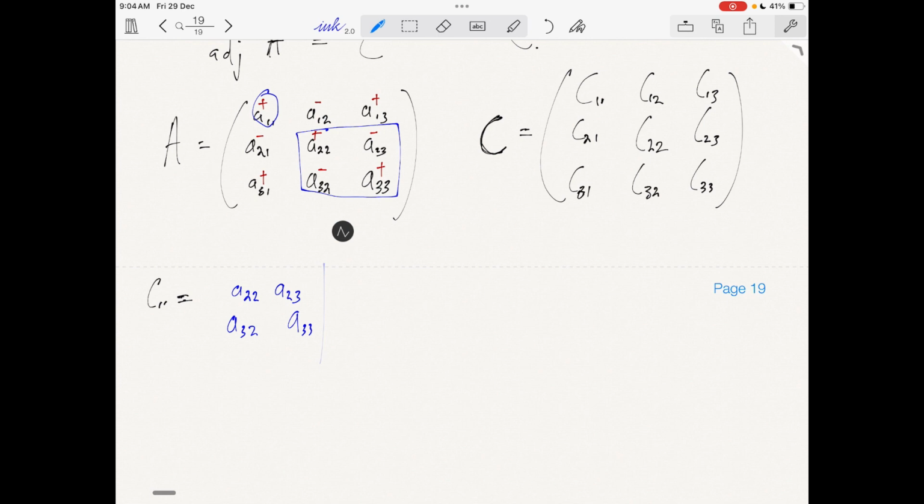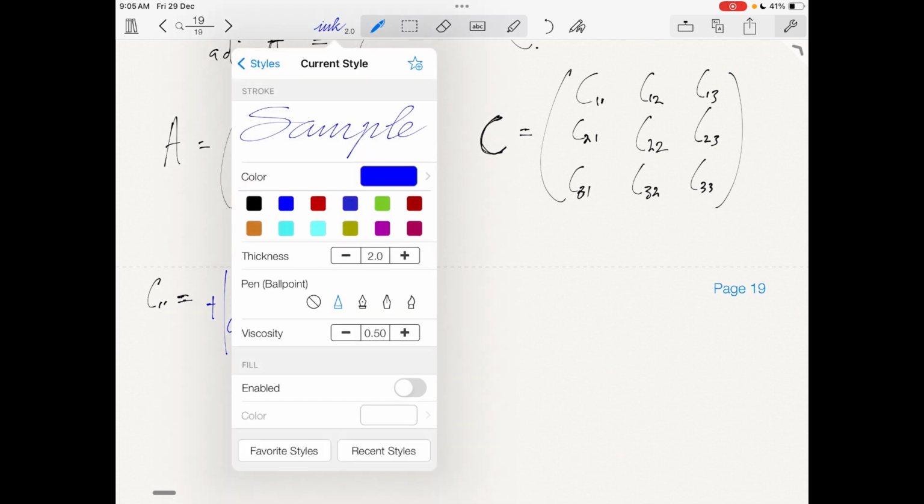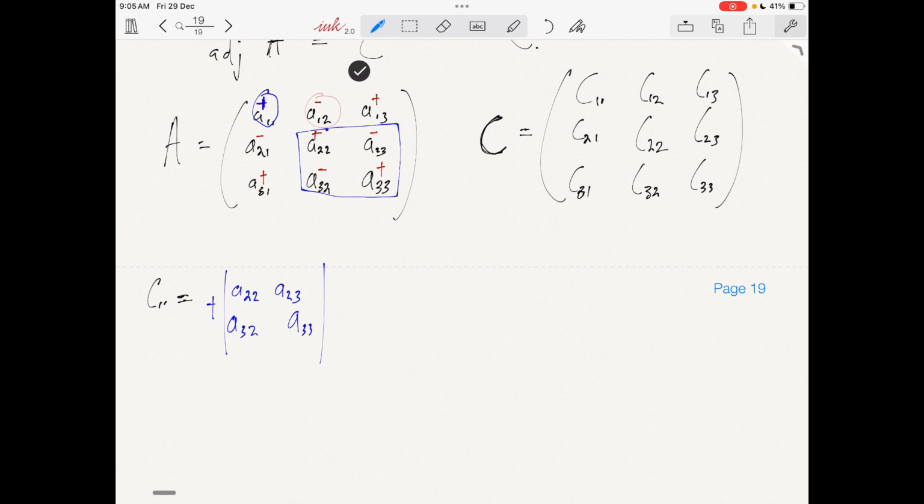Taking the determinant, notice the sign here is plus. Now C12 is the cofactor of A12. When we evaluate C12, we take away the row and column, and we are left with A21, A23, A31, A33, and we know that the sign is minus.